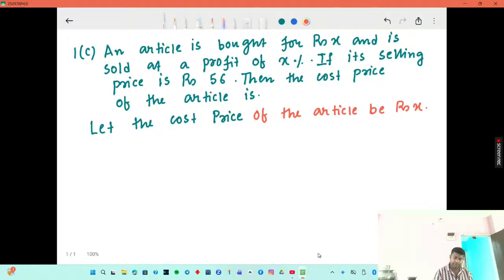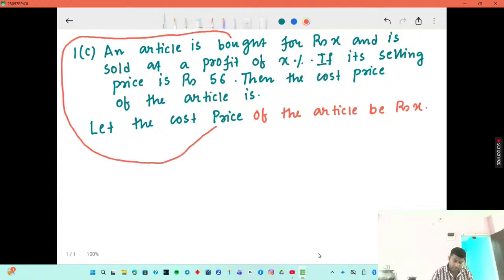for rupees X. So, what is the meaning of the word bought? Bought means we have purchased that article, and when we are purchasing any article, then the price which we are paying to the shopkeeper is the cost price of that article.